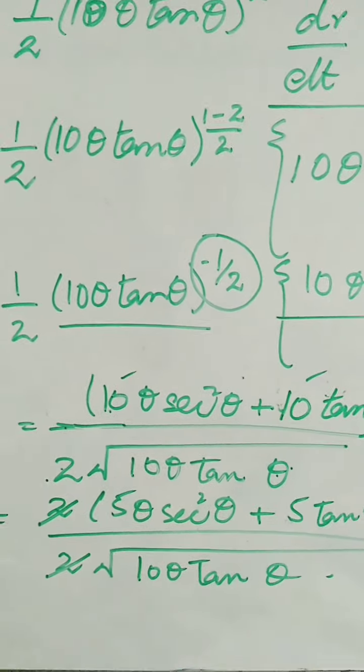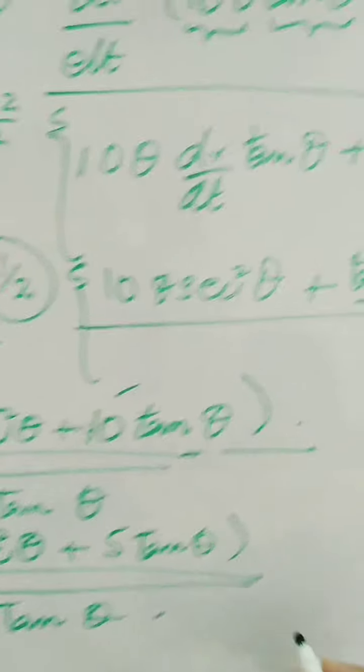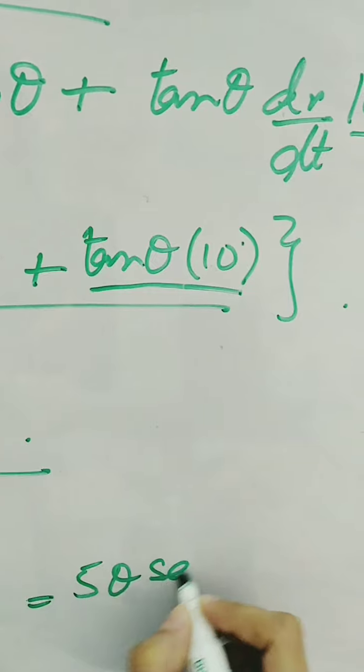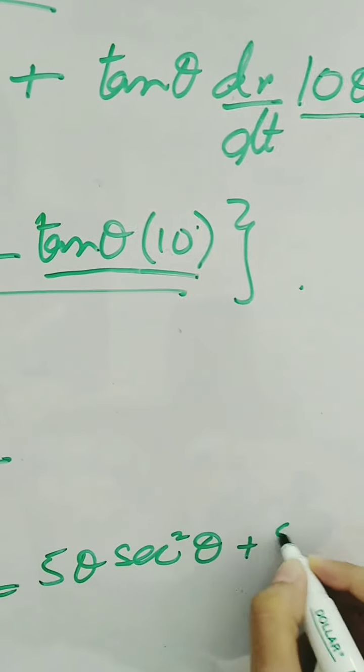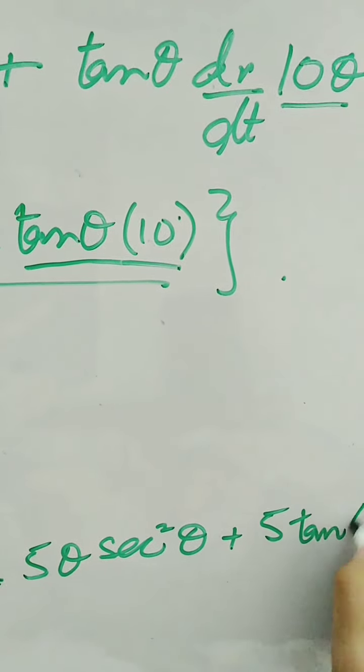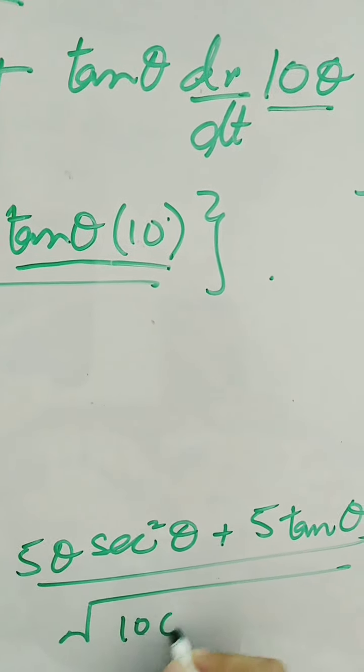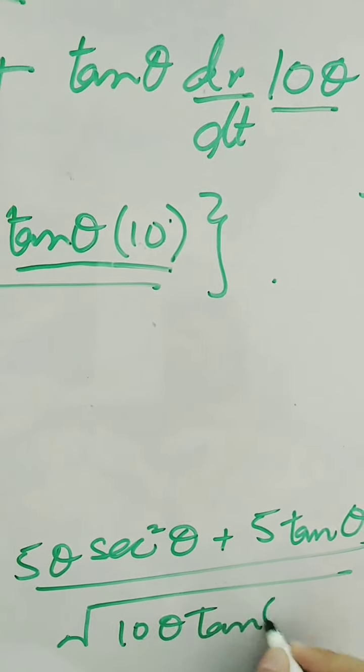These will cancel out with each other, and our final answer becomes theta sec squared theta plus tan theta over root of theta tan theta.